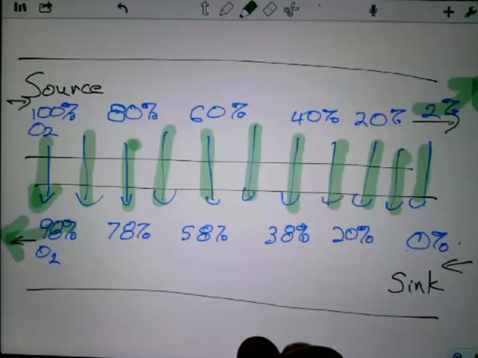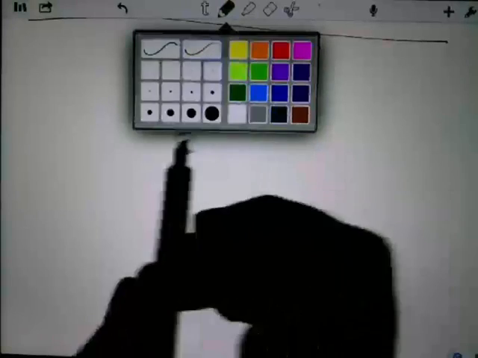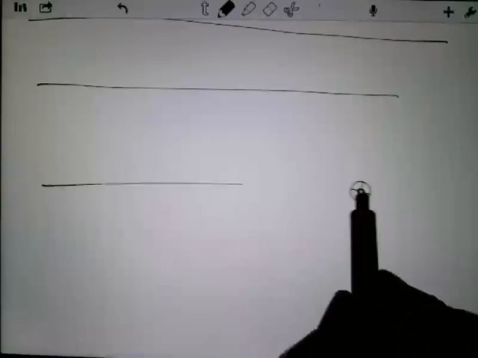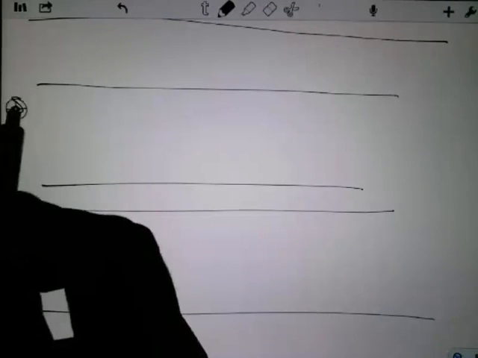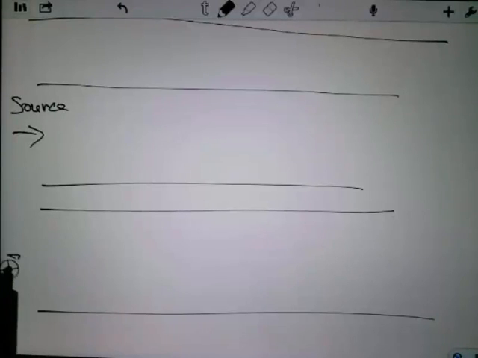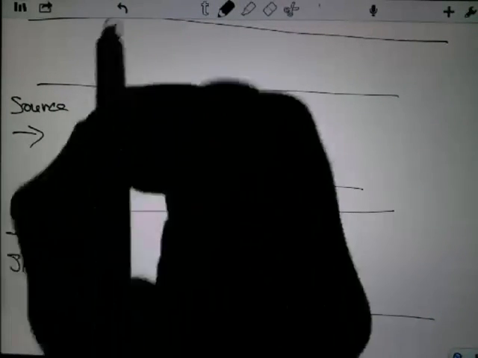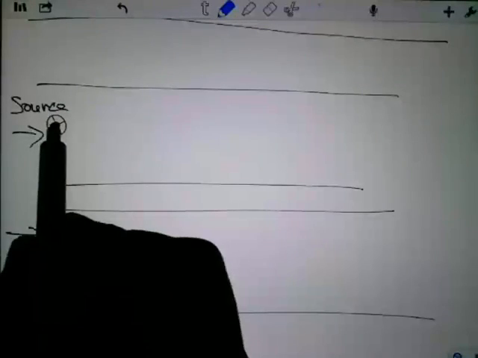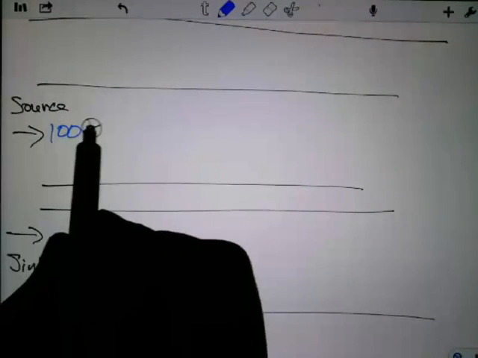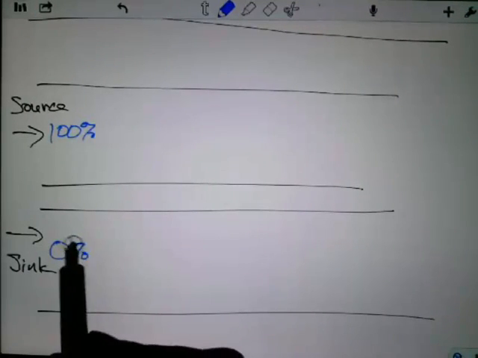Let's contrast that to a cocurrent exchange. So what would happen if we did exactly the same thing, but we drew it this time as cocurrent? So I'll do the same tubes, and I'll put the source here again, but now the sink is going in the same direction, so I'll write sink down here at the bottom. And let's say we had 100%, and of course the sink is coming from where there's none, so it's 0%.